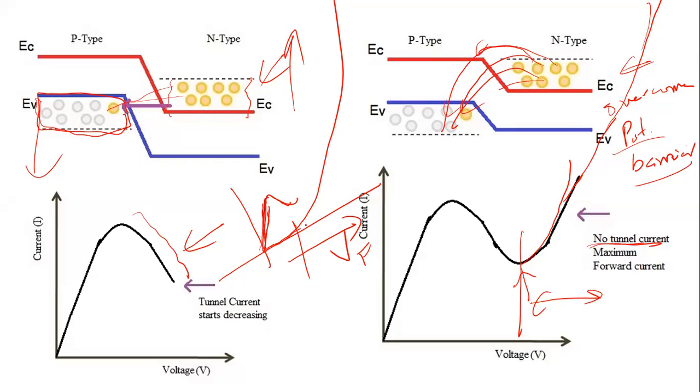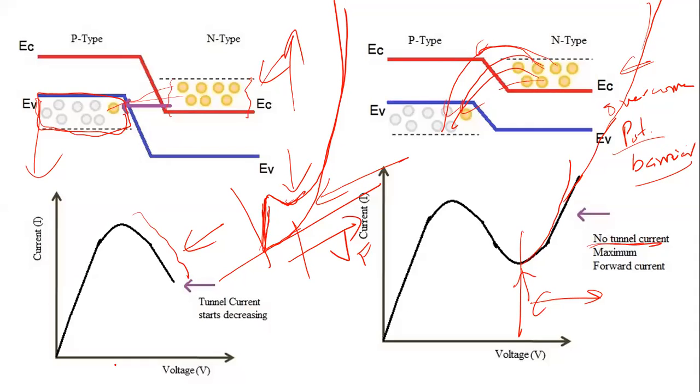And then beyond this knee voltage, when you are giving sufficient forward voltage to overcome the potential barrier, the current will start rising again. So this is the tunnel diode IV characteristics. This is the usual normal PN junction diode. So that is the difference here. Okay. So quantum mechanical tunneling actually helps in having current even at a very, very low forward voltage.